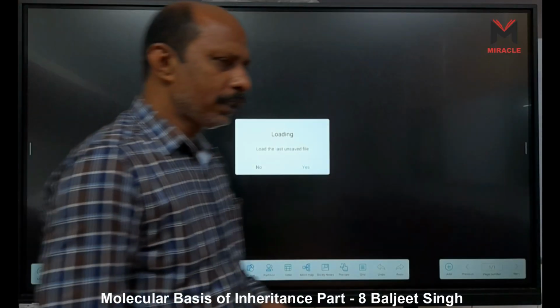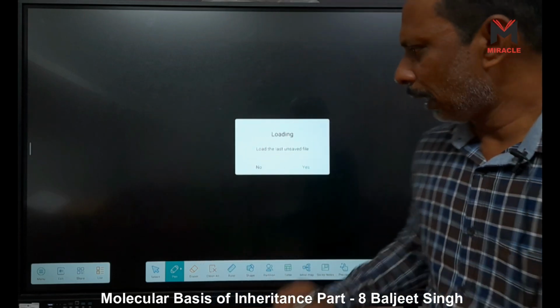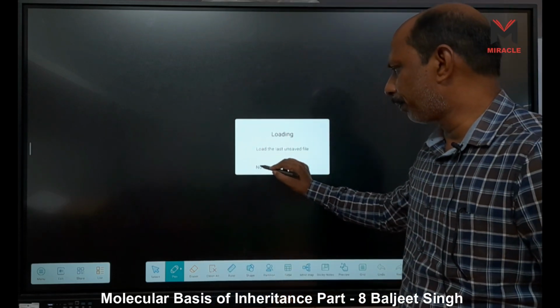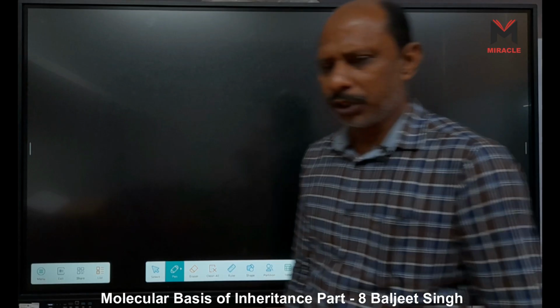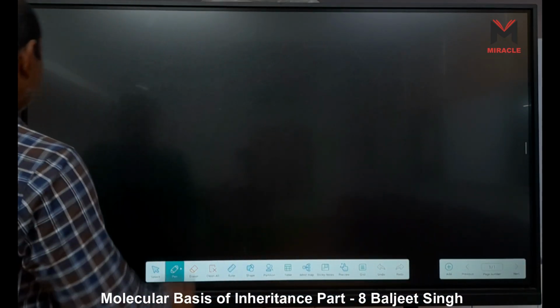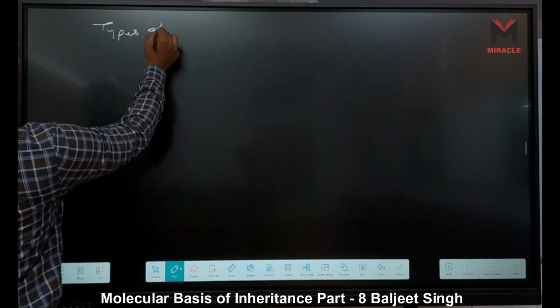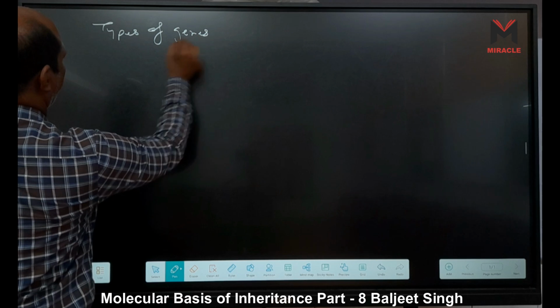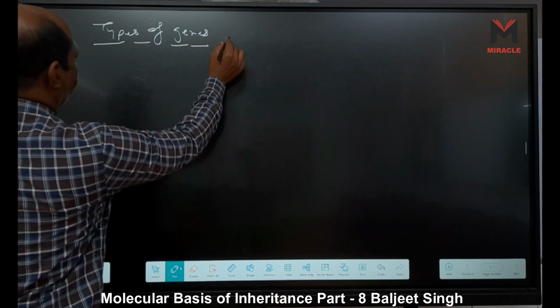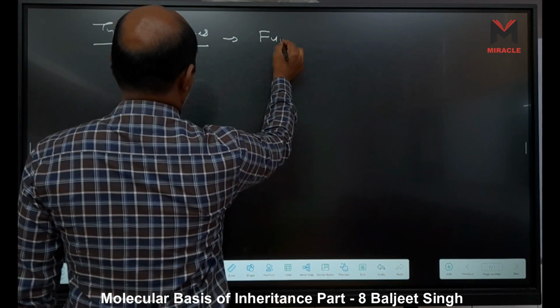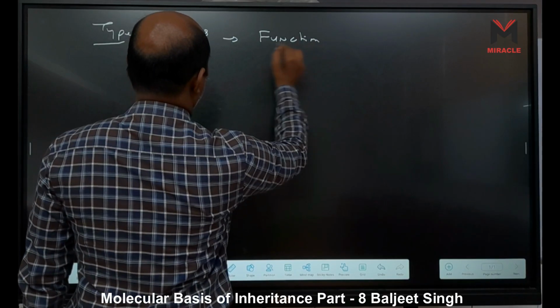Here, constitutive genes are also called housekeeping genes, right? And non-constitutive genes are also called smart genes or luxury genes.